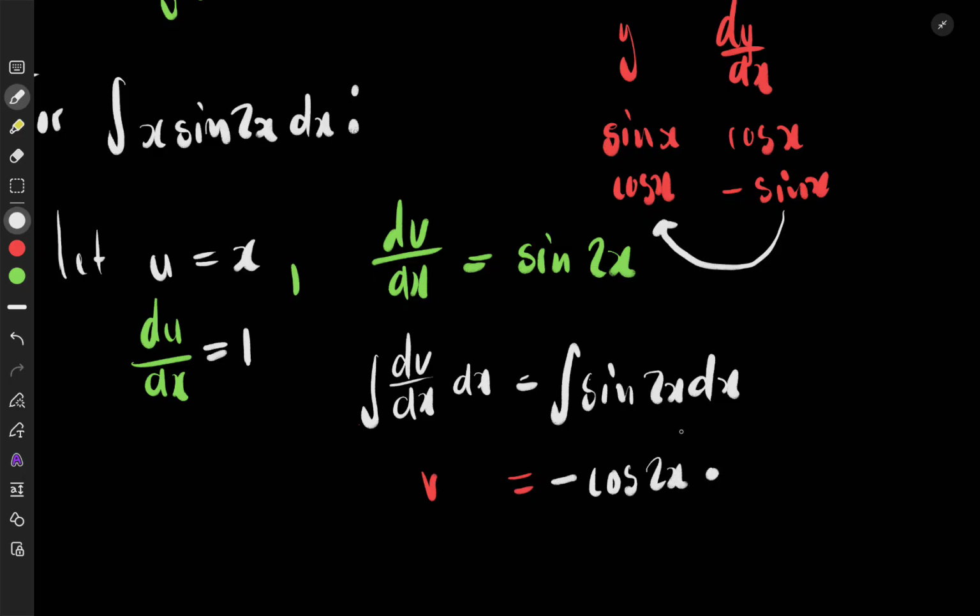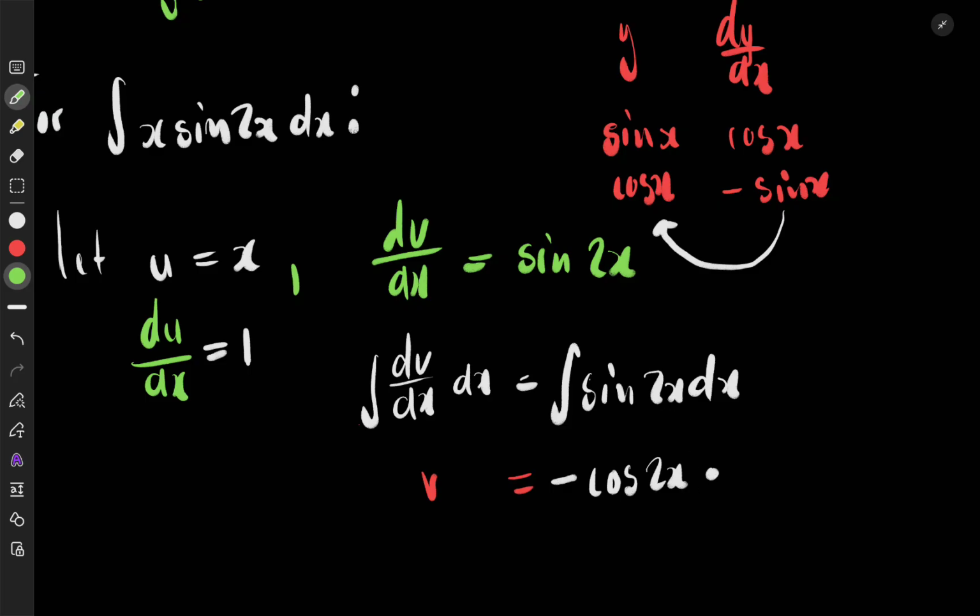But then you must multiply by the derivative of the inside, because this is not sine x. This is a composite function. This is sine 2x, something which is not x. So you start with the outside, then you go into the inside. So if we start with the outside, we start with the sine 2x. It is going to give us negative cos 2x. Then now we work with the inside, which is 2x.